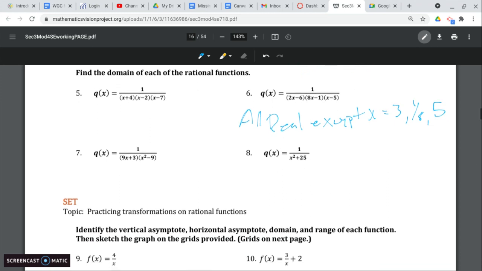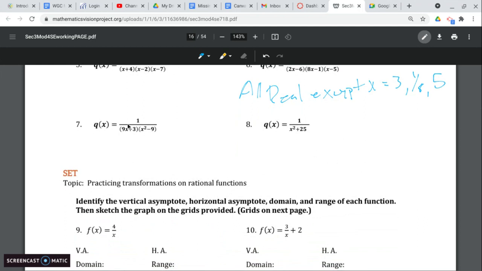You guys know that. All right, and for 7, so 9 times what? +3. 9 times a -1/3. So all real numbers except x equals -1/3, because -1/3 times 9 is -3, plus 3 is 0.